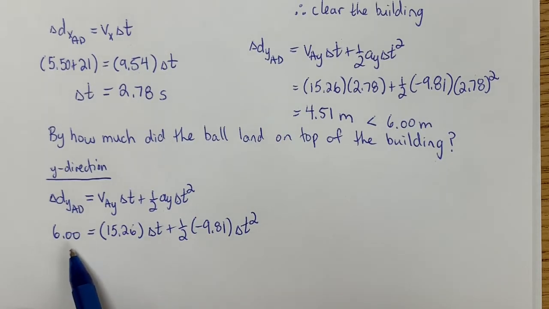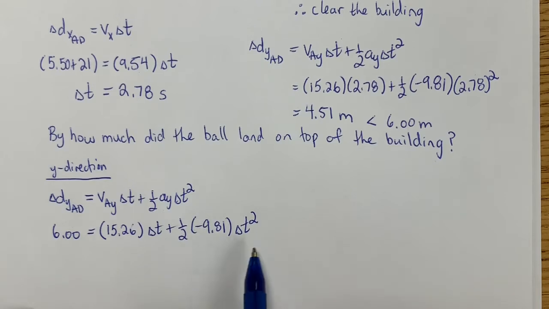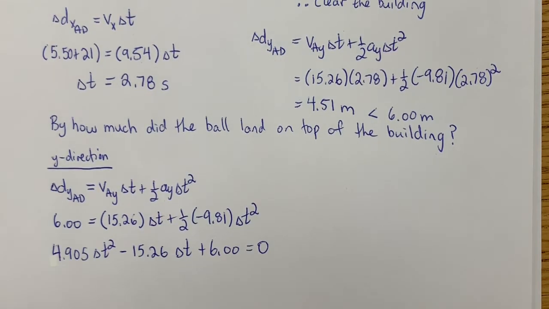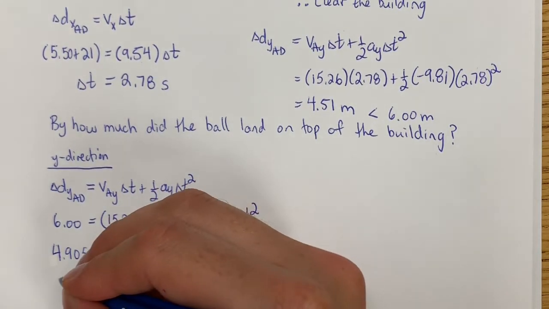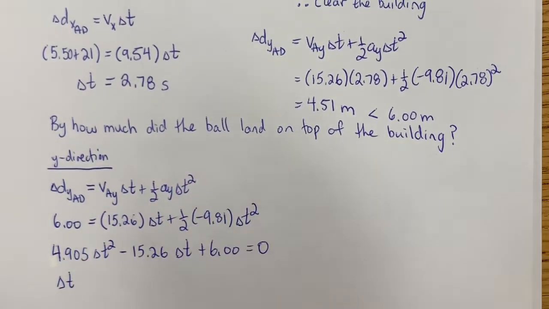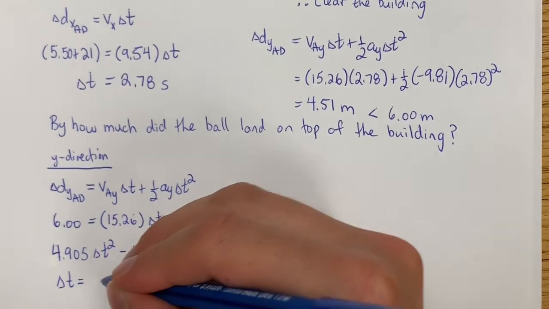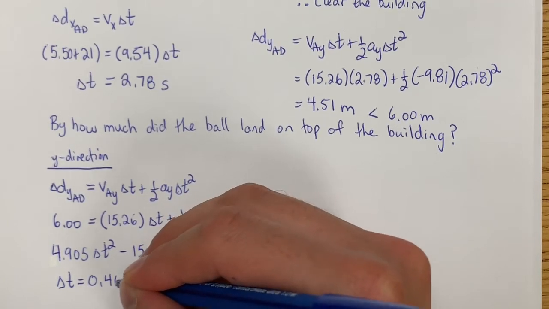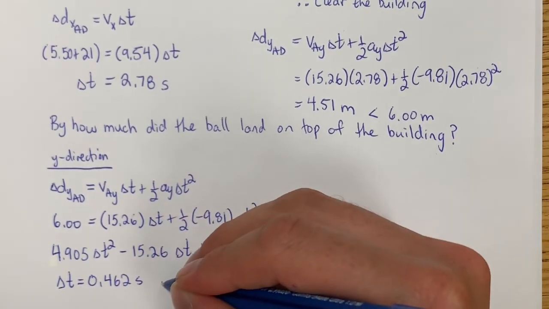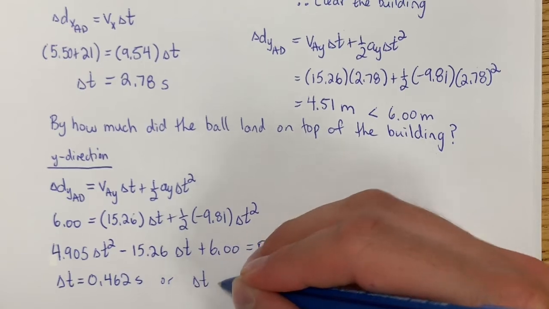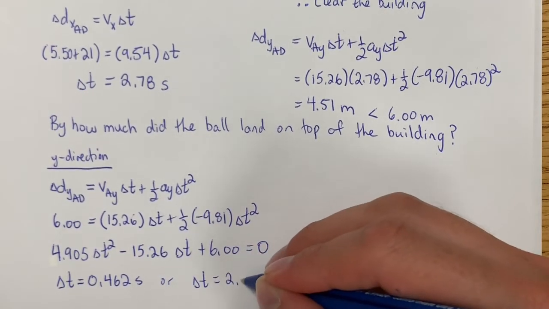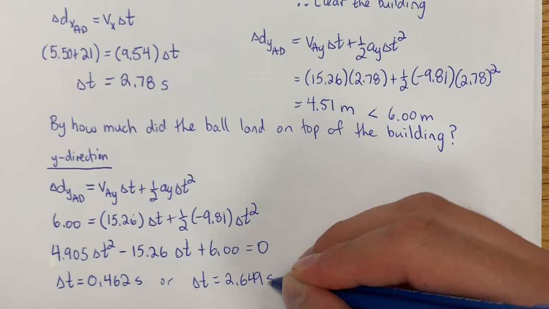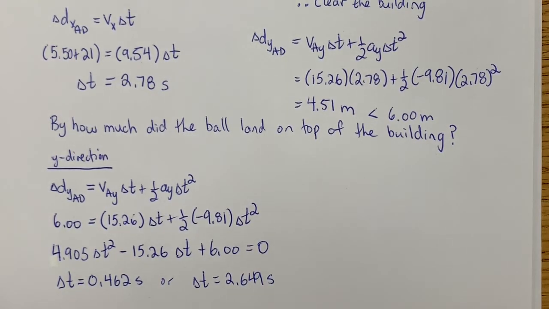Notice I put my vertical displacement at 6 meters, which is the height of the building. This is my initial velocity in the y direction, and here's my acceleration due to gravity. And now it's a matter of solving this quadratic. All right, so using the quadratic formula, we end up getting delta t is equal to 0.462 and 2.649 seconds.